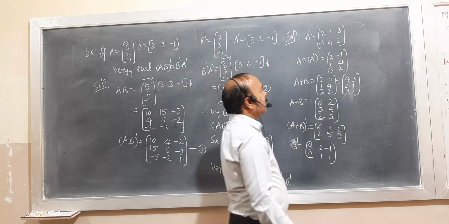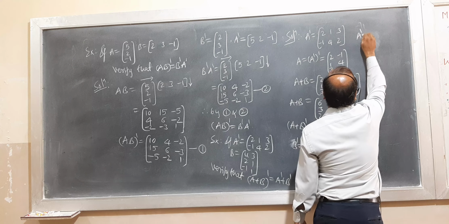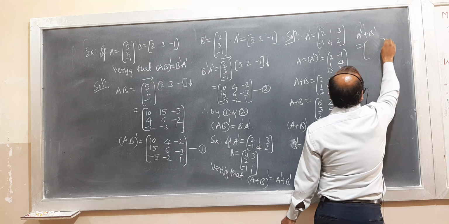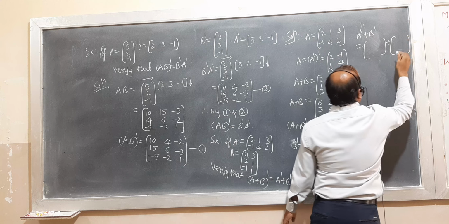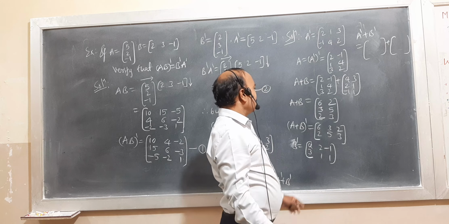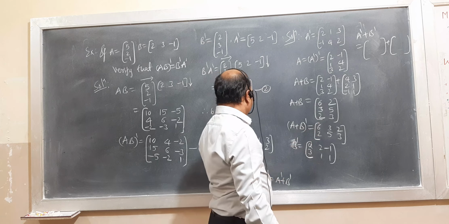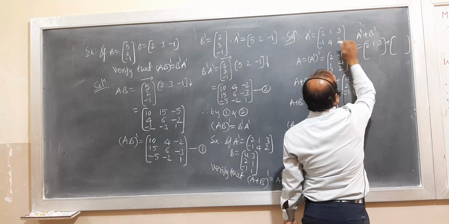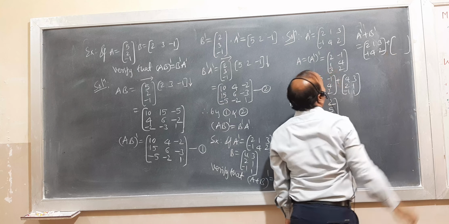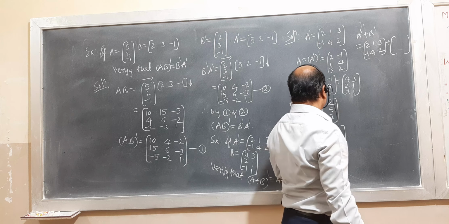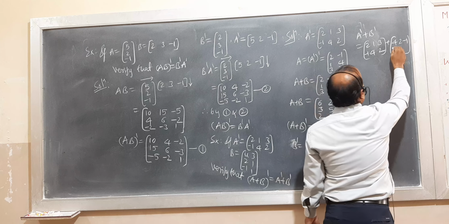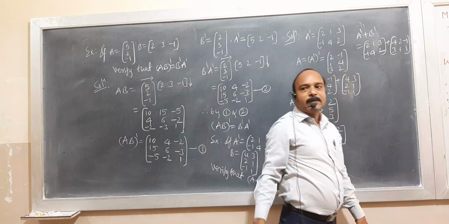Next we go for A' plus B'. A' is 2, 1, 3, minus 1, 4, 2. B' is 4, 2, minus 1 and 3, 1, 1. It is the B' matrix.